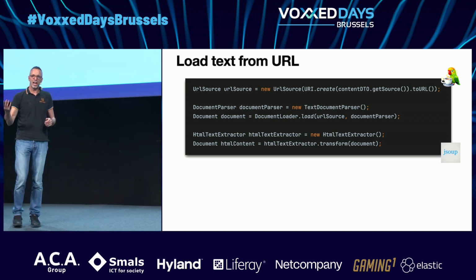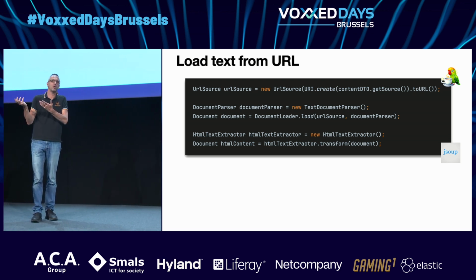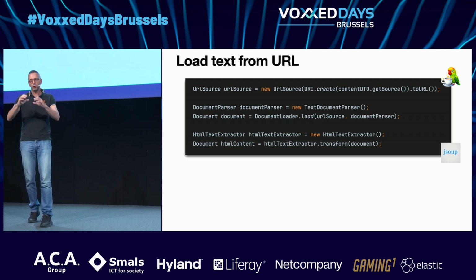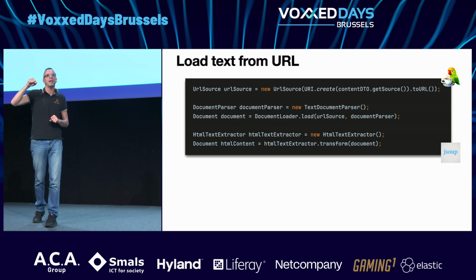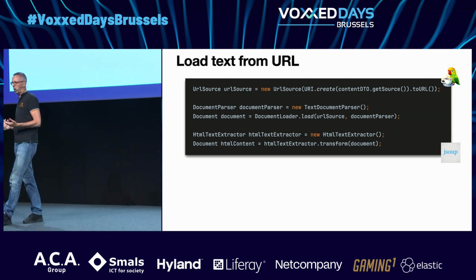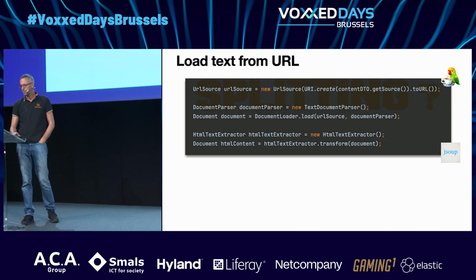Underneath, it uses JSoup. JSoup is the Java version of the Python Beautiful Soup, which basically allows you to get the content out of an HTML page and only get the content and not all the styling and all the other tags that you aren't really interested in. So it is very easy to load text from a URL.